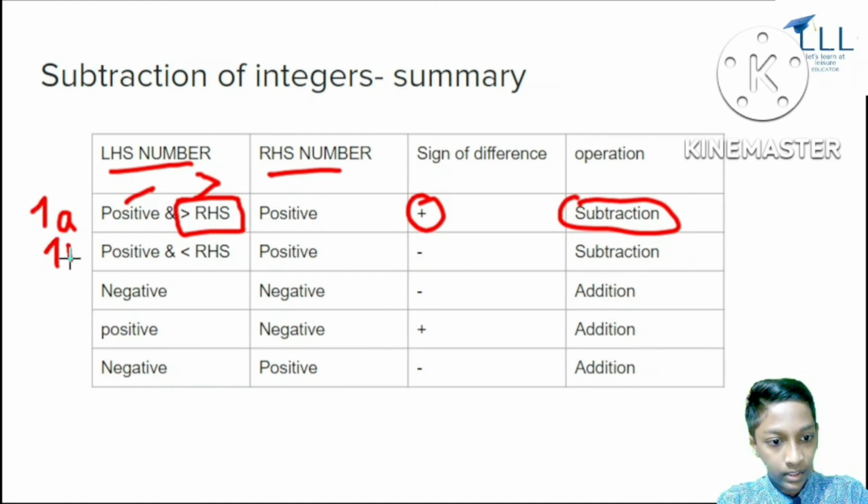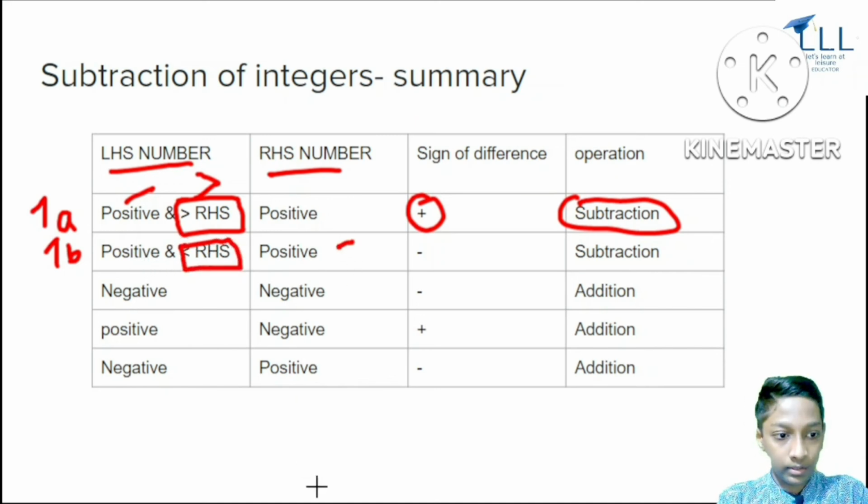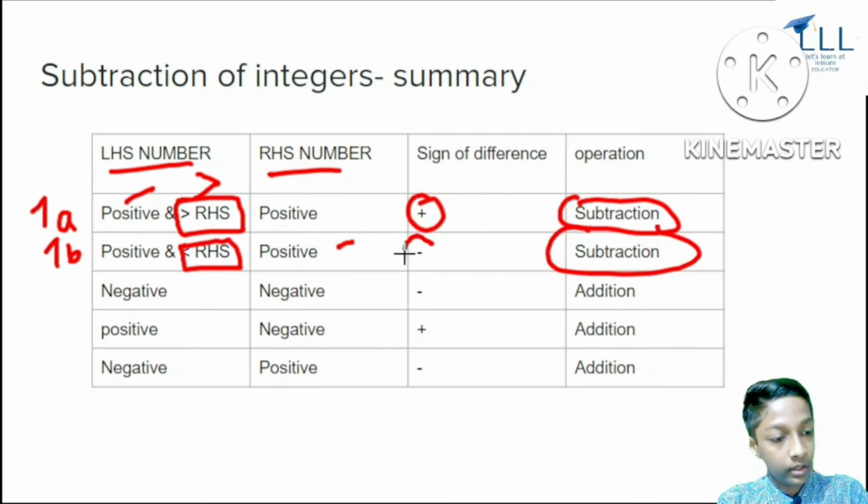In case 1b, the LHS number will be positive and lesser than the RHS number. In case 1, when both numbers are positive and the LHS number is lesser than RHS, then we have to subtract and put a negative sign.